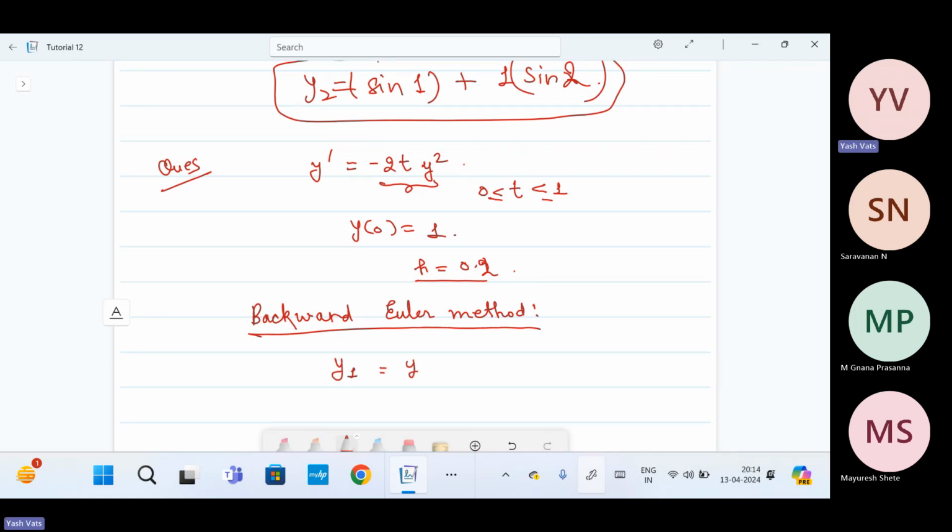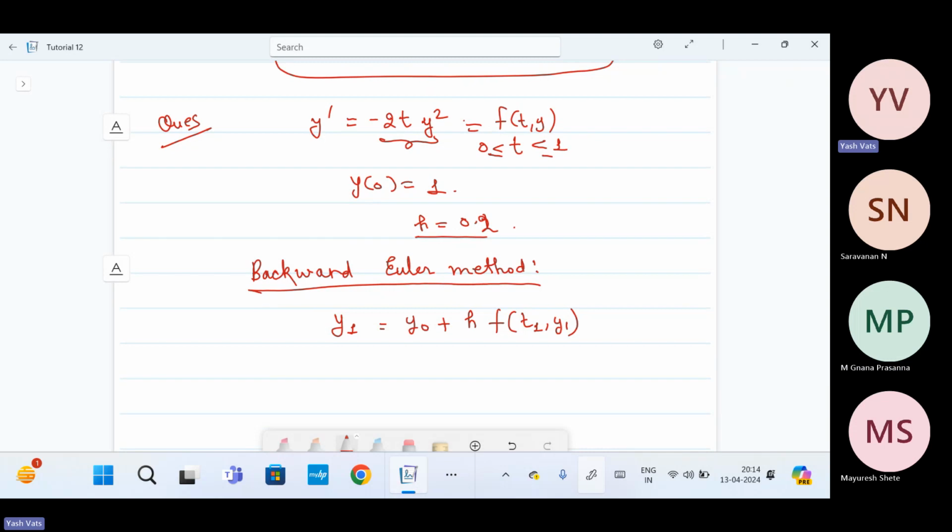Y1 is y0 plus h f t1 y1, right? What is the value of t1? What is y0? 1. What is h? 0.2. What is f t1 y1, which is minus 2 t1 y1 square. T1 is 0.2, right?